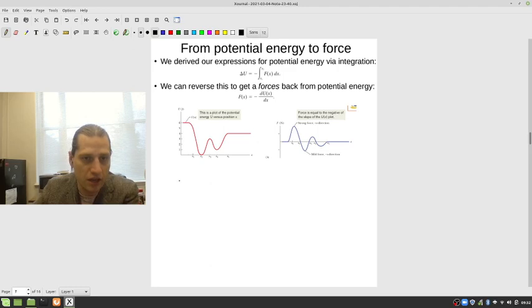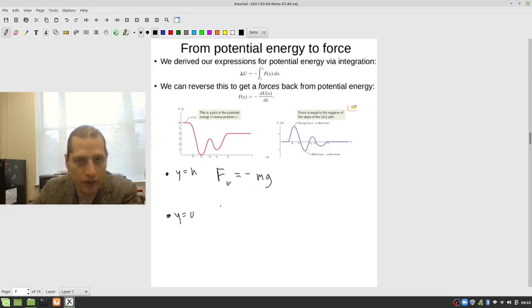So for instance, in our gravitational force, if we had the amount of potential energy going from height equals 0 to height, or from y equals 0 to y equals h, the force of gravity in that case is just minus mg in the y direction.